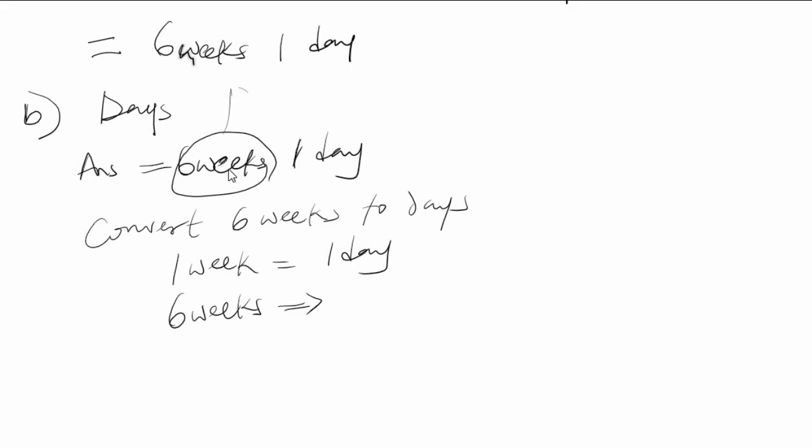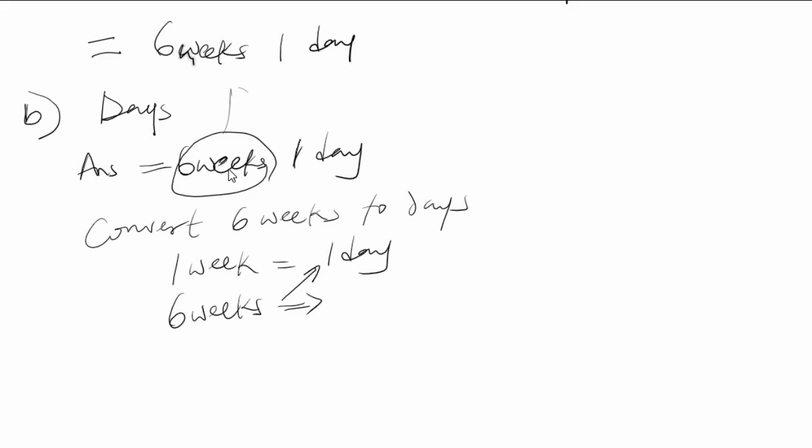Weeks, weeks, days, days. We know the week and we are converting to days. What we are converting to should be at the right, and what we already know that we want to convert should be at the left.